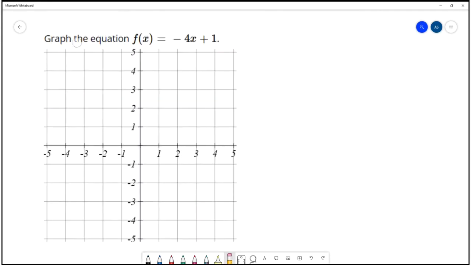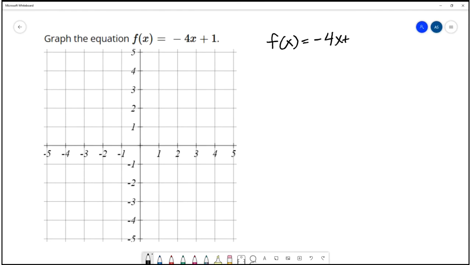On this example, we want to graph the equation f of x equals negative 4x plus 1. And there are multiple ways of graphing this equation. One way is to notice that this function is a linear equation.